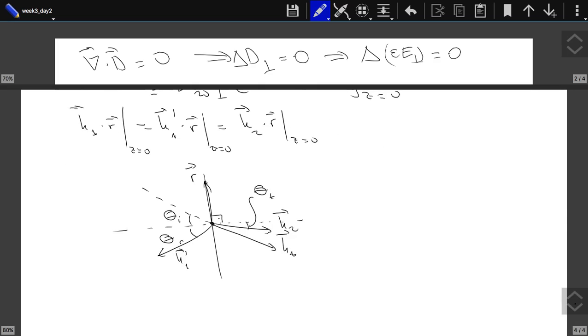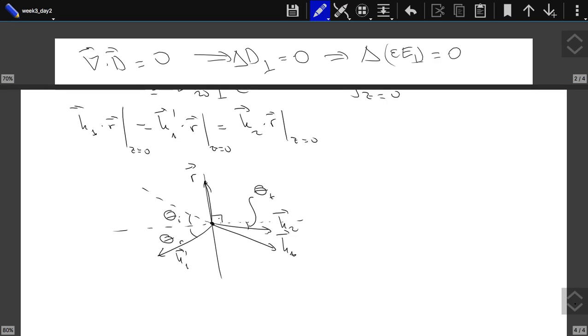You see, the conditions we derive will be independent of the reference frame, but the interpretation will, of course, depend on it. The angles change from reference frame to reference frame. So whenever we are talking about angles, I will always talk about the angle in the reference frame in which the interface is at rest.